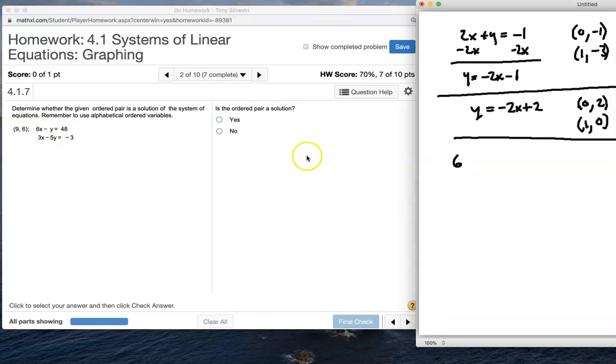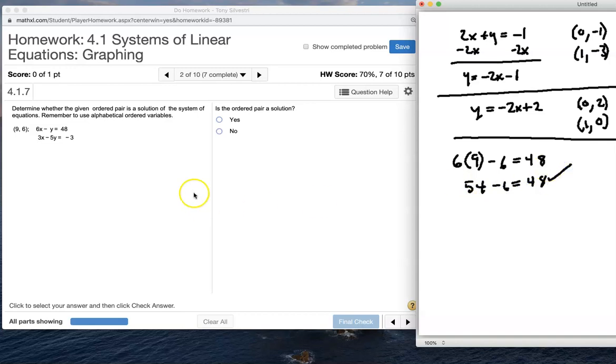I'm going to plug in 9 for x, and y is 6. Does that equal 48? 6 times 9 is 54. Minus 6 equals 48. Yeah, it does.